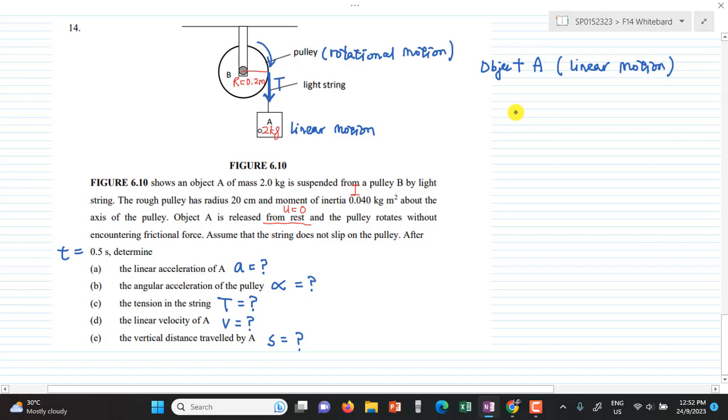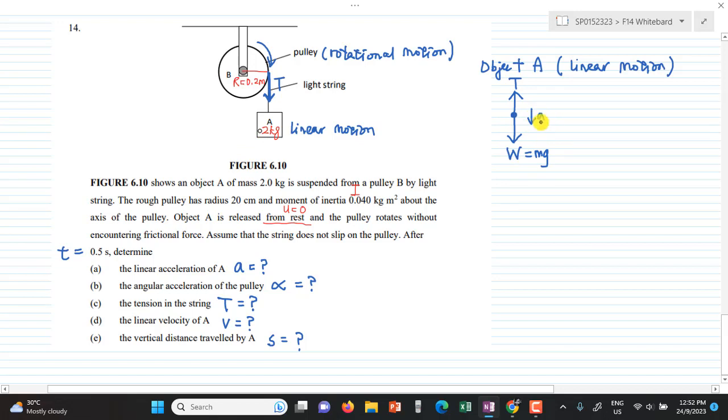So I draw the FBD for object A. Object A is attached by the string, so it has tension upward, and it has weight downwards, whereby the weight relates to the mass of the object, W equal to mg.